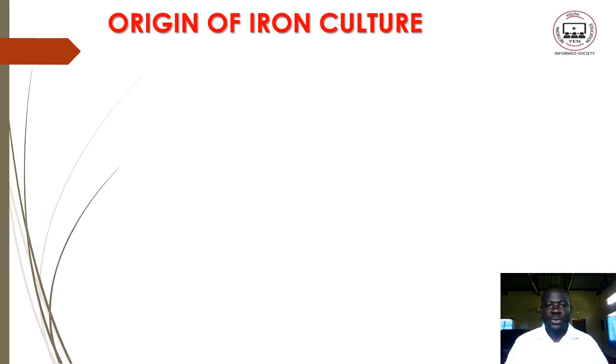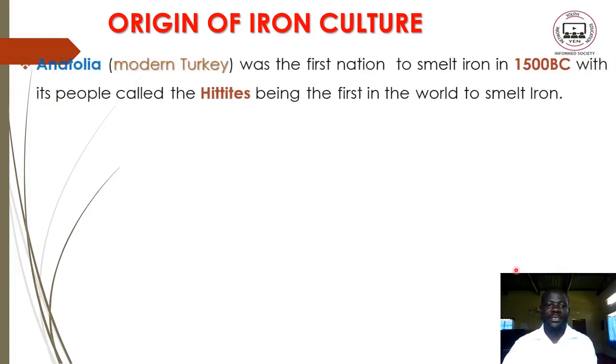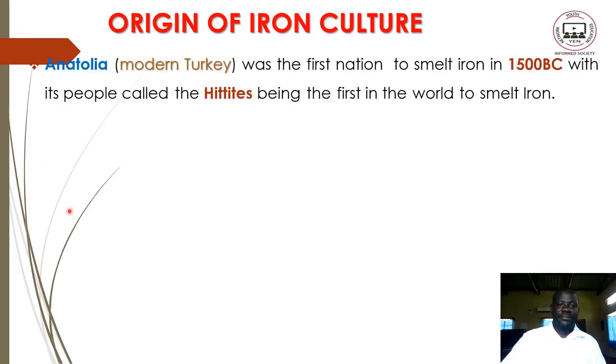Now, let us look at the origin of iron culture or iron working culture. Anatolia, modern-day Turkey, was the first society to smelt iron in 1500 BC, with its people called the Hittites being the first in the world to smelt iron.